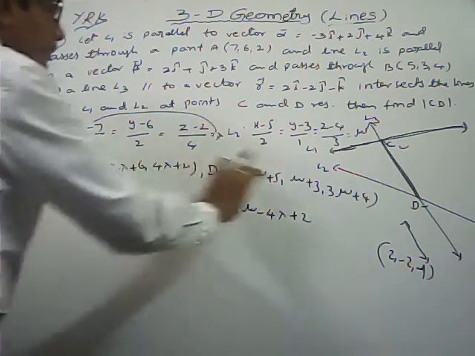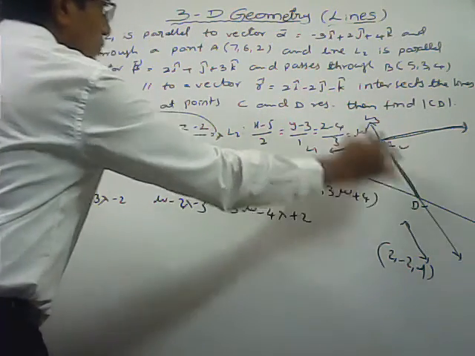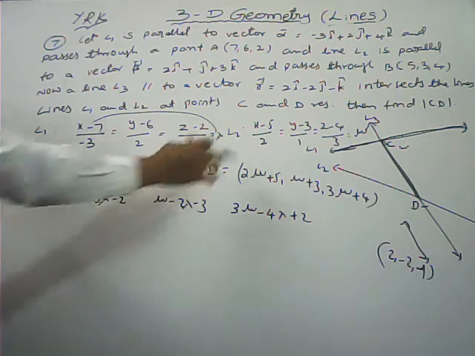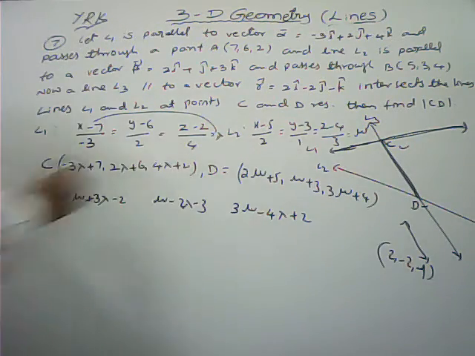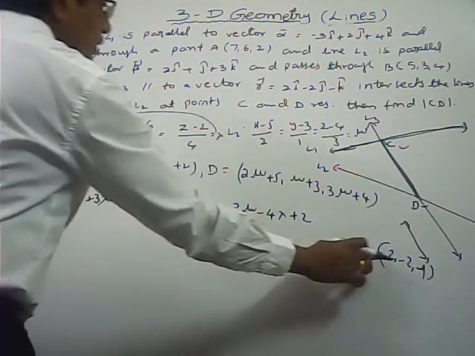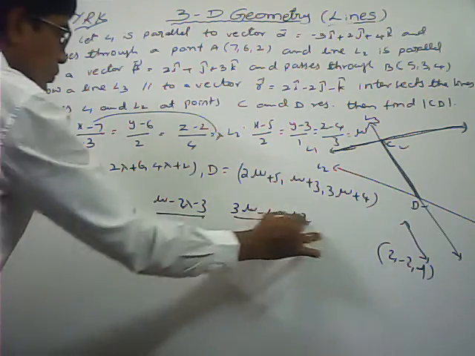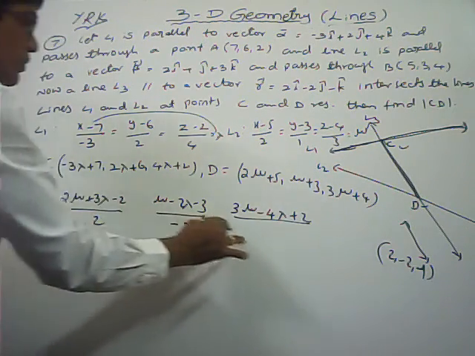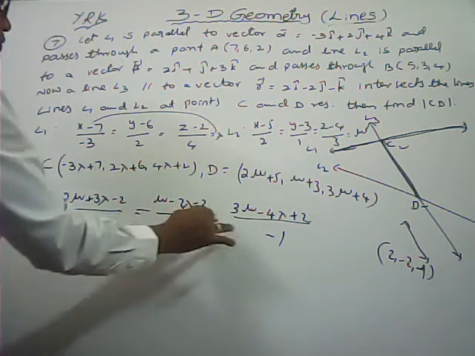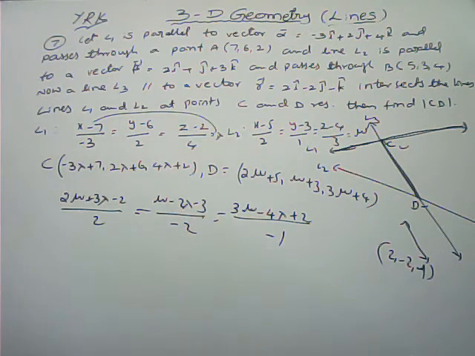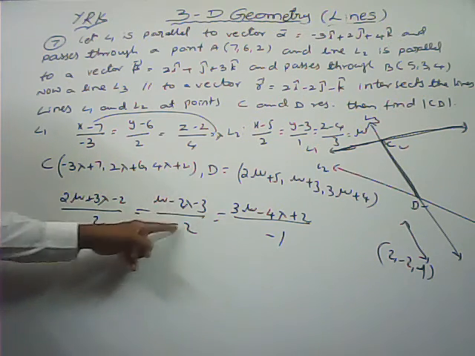And here what is given? Here we got the DRs of a line passing through 2 points, according to that procedure. But in the question what is given? 2, minus 2, minus 1. So all these should be in the same ratio.